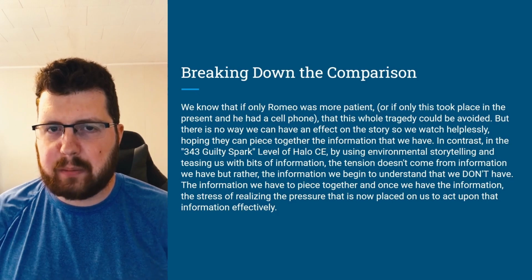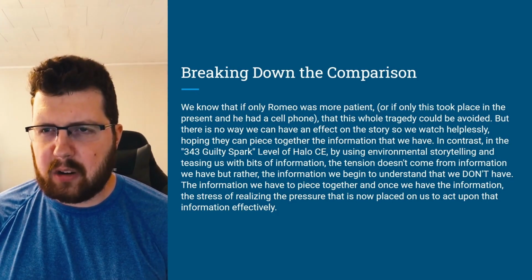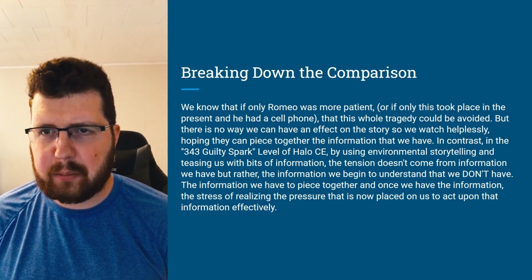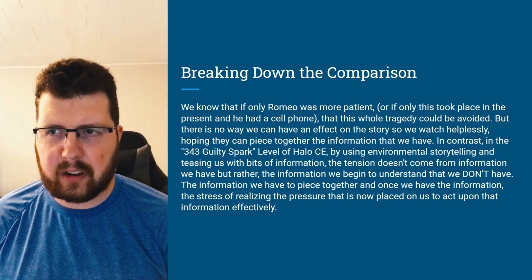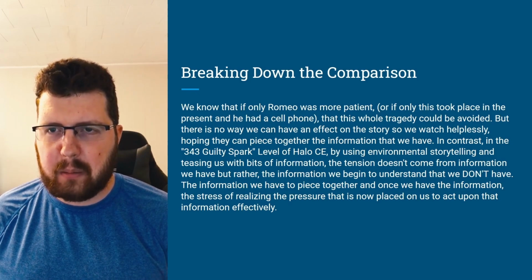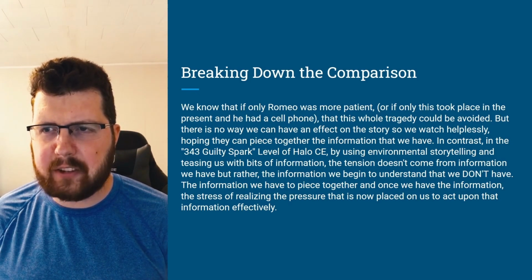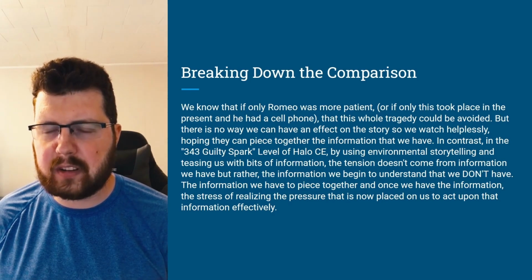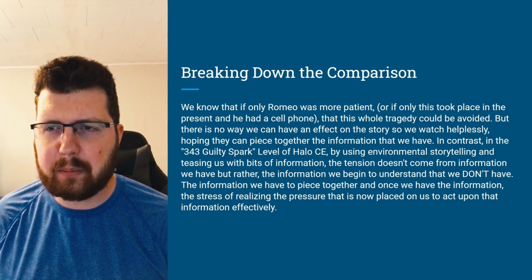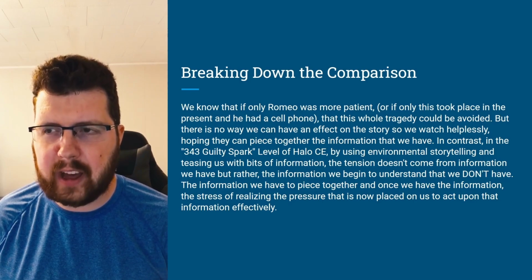So now let's break down the comparison. We know that if only Romeo was either more patient, or if this had taken place in the present and he had access to a cell phone, the whole tragedy could be avoided. But there is no way we can have an effect on the story, so we watch helplessly, hoping that they can piece together the information that we have.